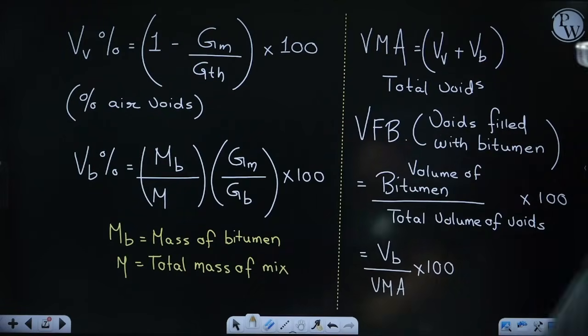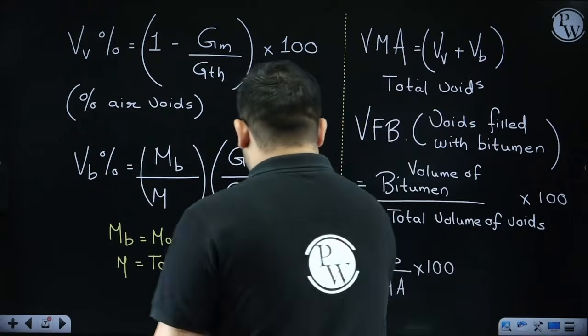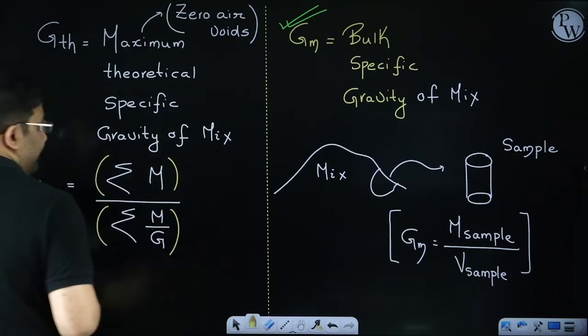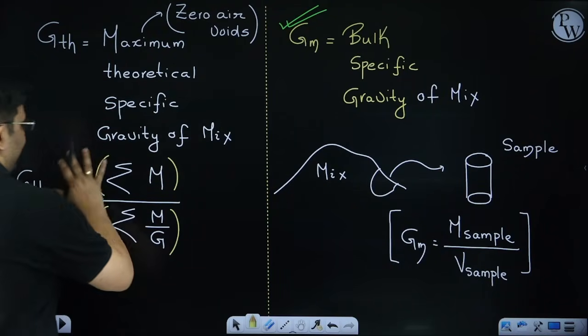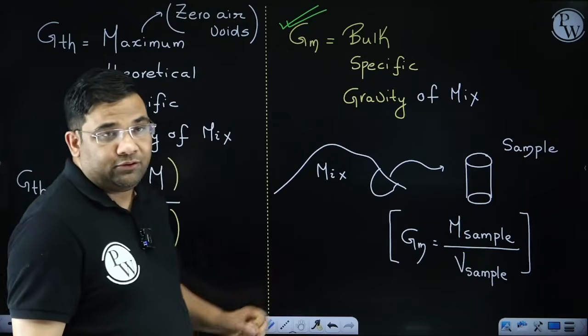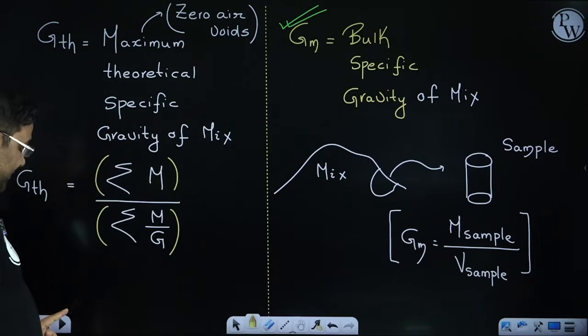Let us solve a few questions on them. I'll solve 2 questions and then 1 question will be your homework. First of all, we can find out theoretical specific gravity using this formula. Then we prepare a sample and find out the actual specific gravity or bulk specific gravity.